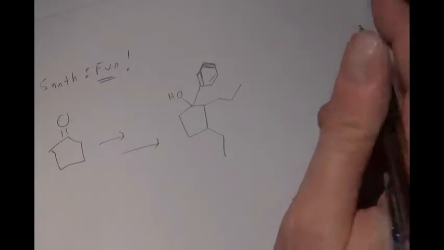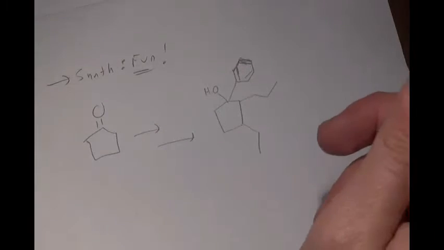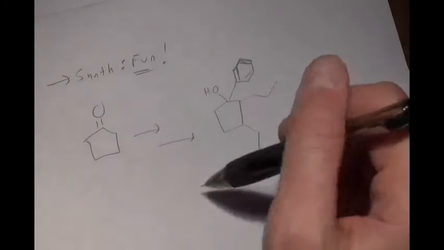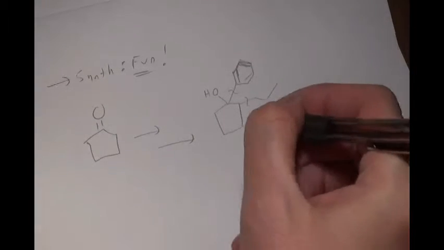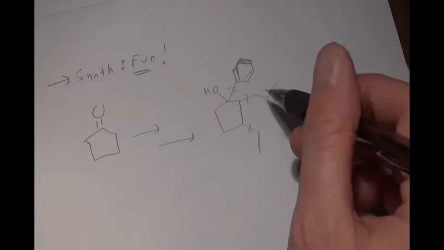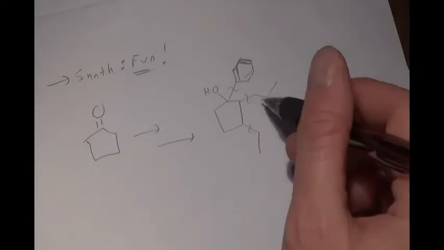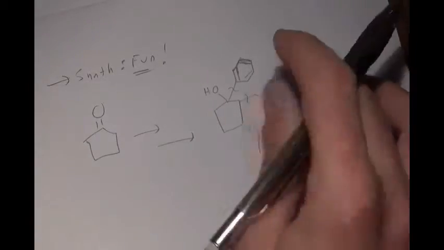Try to do that. That should be a pretty straightforward example, and it illustrates all 3 kinds of CC bond forming reactions: cuprate, alkyl halide from the enolate, and then a Grignard. See if you can do that.